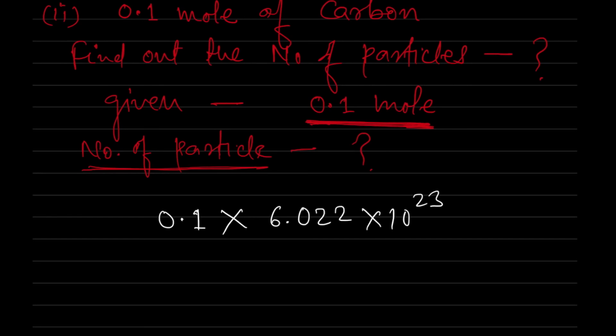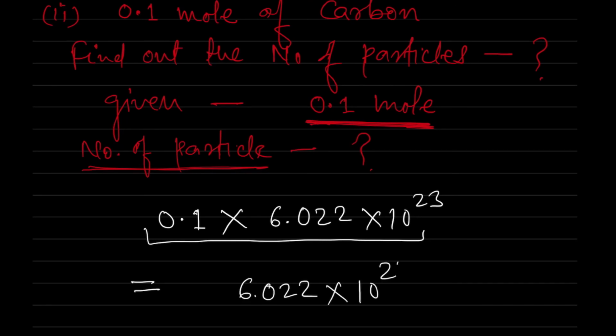So the value will be 6.022 into 10 to the power 22. Here we can calculate, because of the point one, we can convert this value into 6.022 into 10 to the power 22 atoms. This is the solution of this problem.